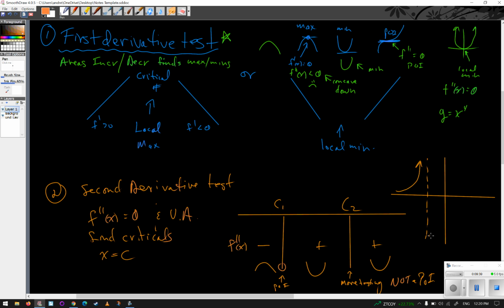On this side of the vertical asymptote, it could look like that, right? And this guy is concave down. So we want to have not only critical values, but we also want to, along the tops of our second derivative test, include vertical asymptotes, because again, the tops of our table of values in our sign chart are the places where it's eligible to transition from one state to another. And certainly on either side of a critical value, it's eligible to happen, but also on either side of a vertical asymptote, right?